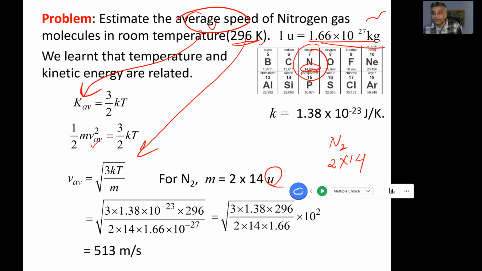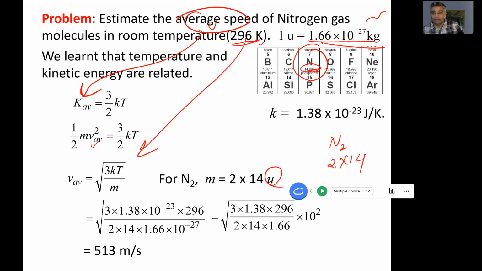Oh, that's a very fast speed. In terms of meters per second, if you are running, maybe you are going between 5 and 15 meters per second, something like that, okay? 513, really fast. So these gas molecules are moving really, really fast, faster than the speed of the bullet that comes out from, let's say, some long range rifle.